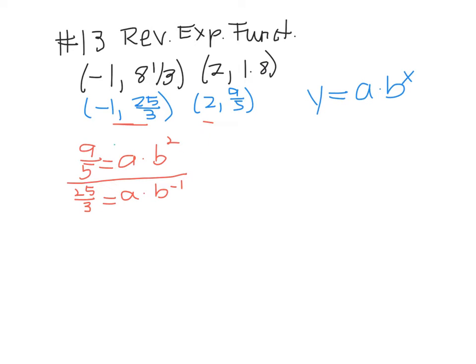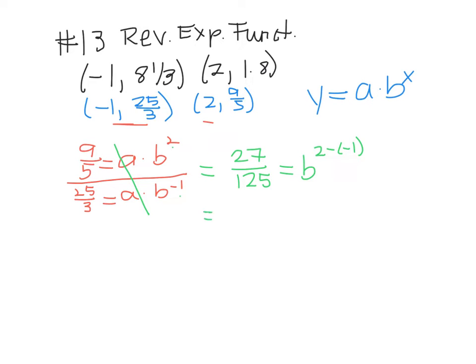When I divide, my a's are going to cancel, and then I end up with 9/5 divided by 25/3. On my scrap paper, I have 9/5 times 3/25, and when I do that, I end up with 27 divided by 125 equals b to the 2nd divided by b to the -1, which really becomes b to the 2 minus -1, because remember we subtract our exponents when we're dividing.